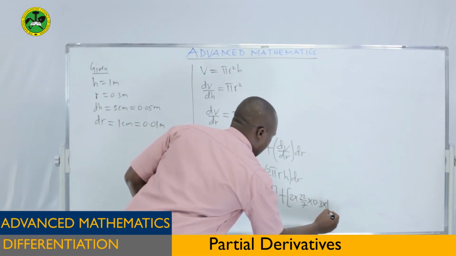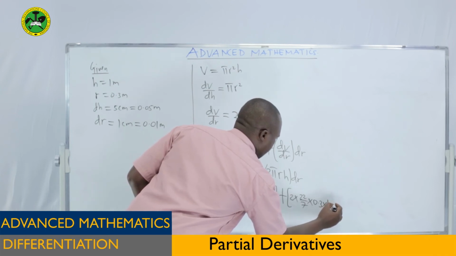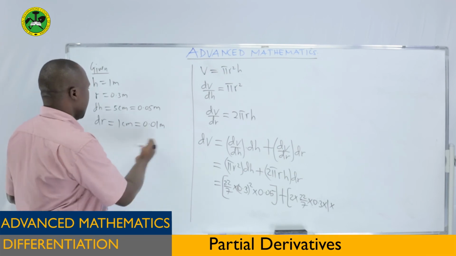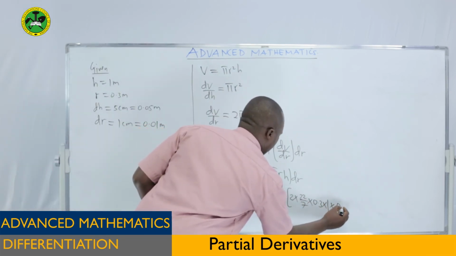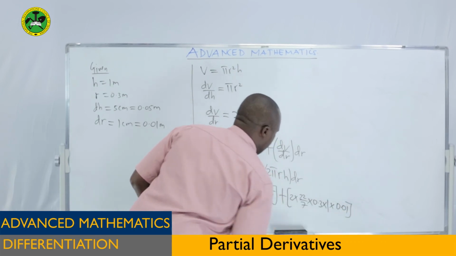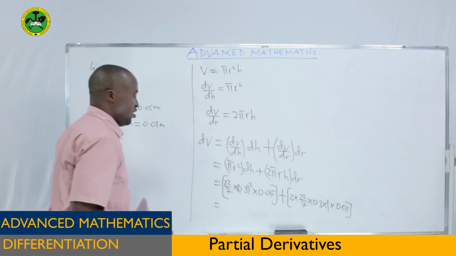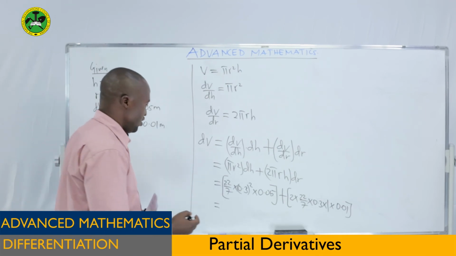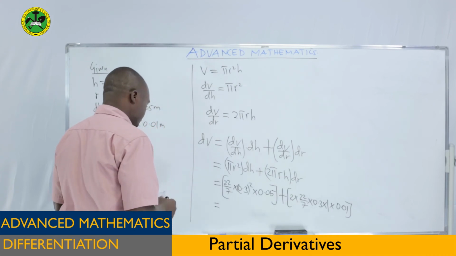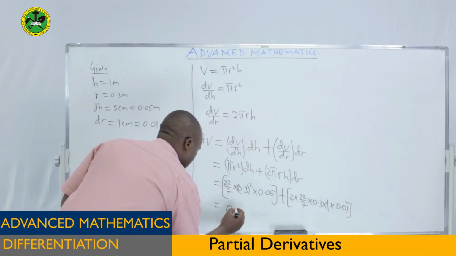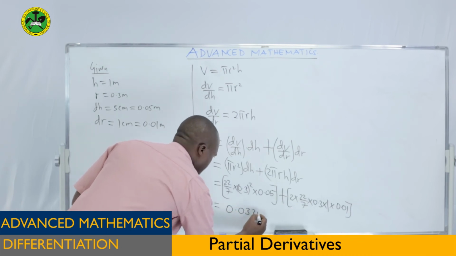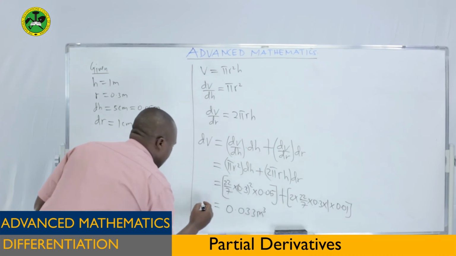Again times dr. So in this case, dr is equal to 0.01. Now in this case, you can take your calculator and get the final answer. So in this case, the final answer is equal to 0.033 cubic meters. That is dV.